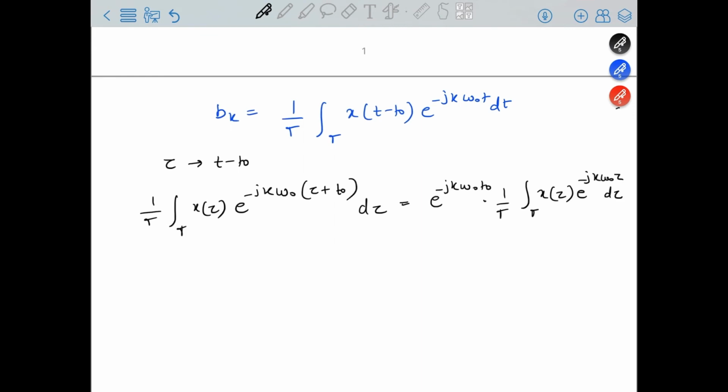So, as you can see, this is the representation of our a_k, that is the Fourier series coefficient of the signal x(t), and we have some extra component e^(-jk omega_0 t_0) multiplied with a_k for our Fourier series representation for b_k.